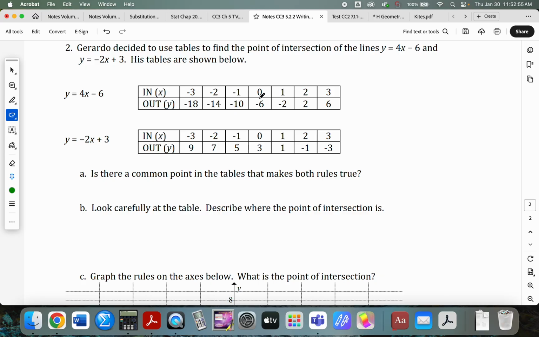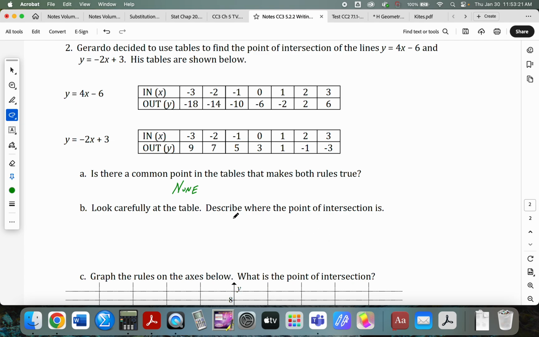Sammy, what are you whispering about? At 2, this is 2, but at 2, this one's negative 1. Oh, so there's, yeah, no, there's none.